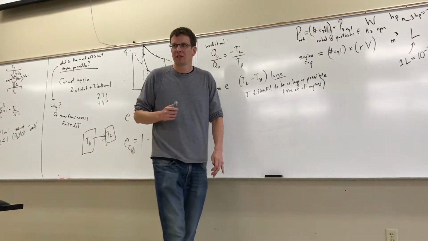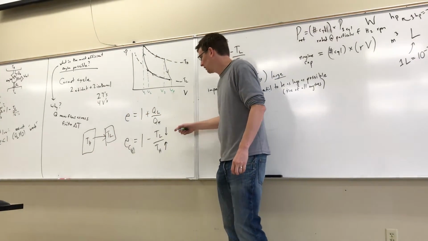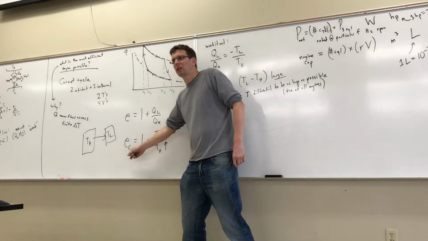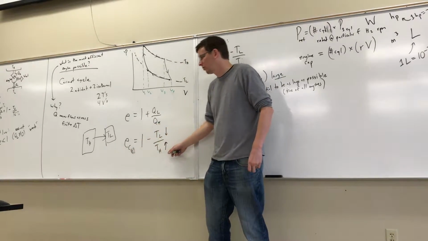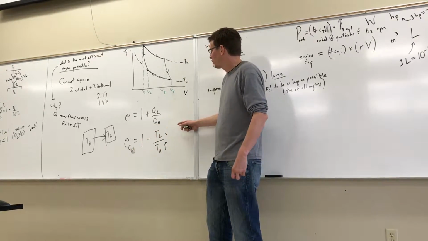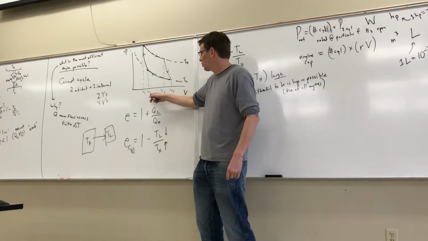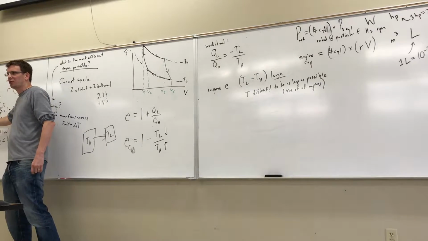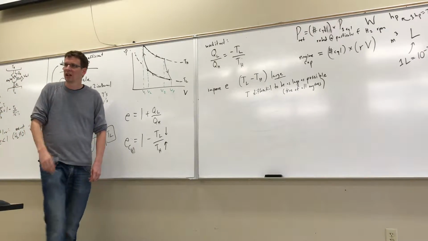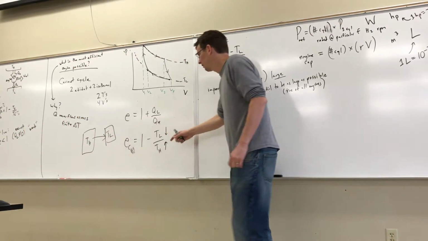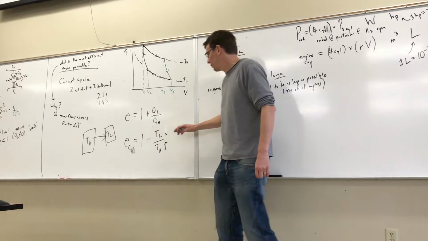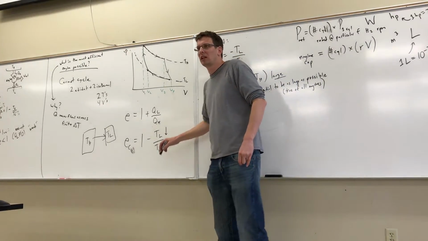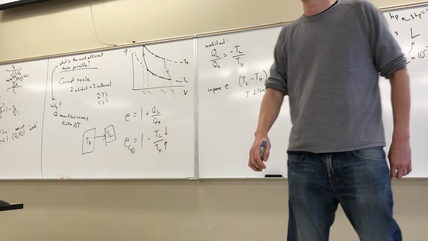The other hint you may have about the universality of it is that the only factors that came out in this had nothing to do with the ratio of the volumes or anything. Over here, this was specifically tied to compression ratio and the type of gas you're using. There's none of that here. The only thing that ends up mattering is the temperature extremes that you're operating between.